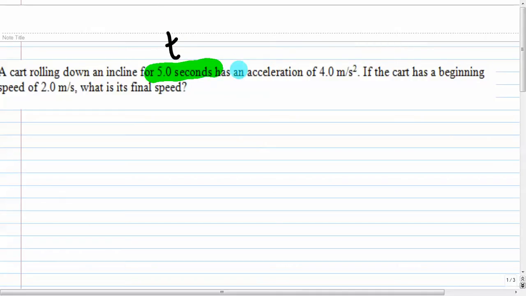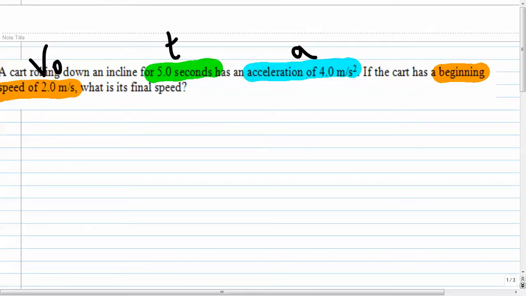An acceleration of 4 meters per second squared, so that's going to be our A. And if the cart has a beginning speed of 2 meters per second, so that is our VO, and then the question must be asking for the final speed. So we want to know VF.